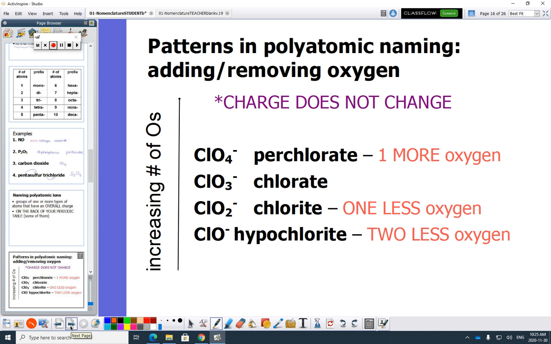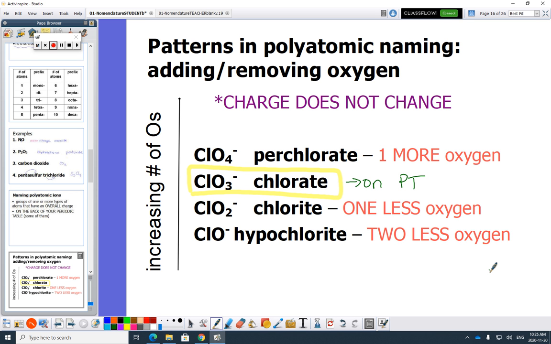Okay? So sometimes what people will call the parent form on here, they say it "ate" oxygen. I don't know. Again, if you don't like silly ways to remember things, don't worry about it. So this form here in the middle, if you're a highlighter, this is what's on the periodic table. So you always get the ATE or the parent form, and then you're going to sometimes have to make changes.